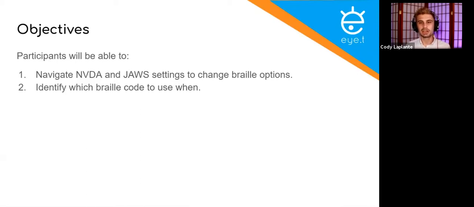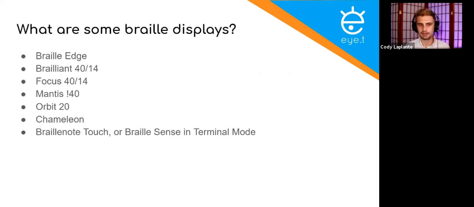We're going to talk all about how there's UEB, which we read all the time. If you're a Braille reader, you know what UEB is, Unified English Braille. But then when we use a Braille display, we have to know what Computer Braille is. And we're going to try to figure out when we use UEB and when we use Computer Braille. So those are our two goals today: learn how to change settings and talk about which code to use when.